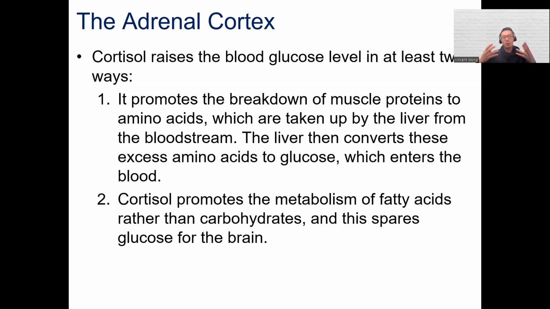So you switch to this kind of metabolism, and then you save the glucose, the good stuff, right, for the brain, because metabolizing a lot of fatty acids actually lowers your pH, blood pH. So you don't really want that happening too much in the brain, right? You will use this for the rest of the body and reserve the glucose for the brain, because maintaining a stressful state is energy consuming.